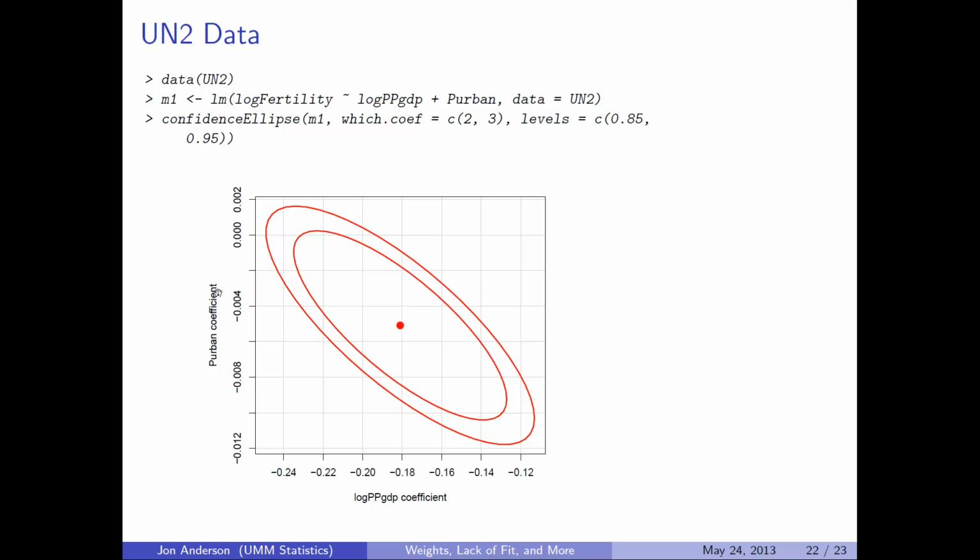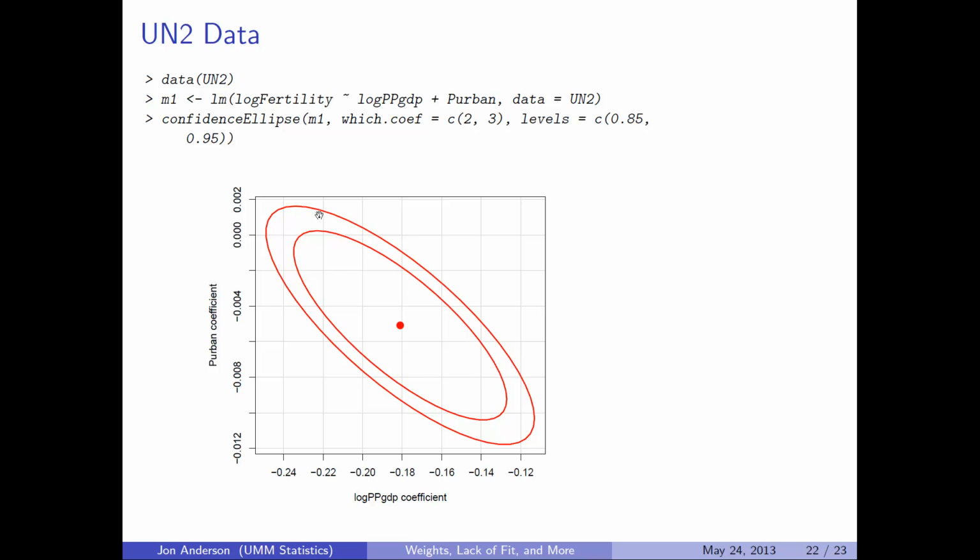Here is the percentage urban coefficient, beta 2. Here is the log of per person GDP, the beta 1 coefficient. And these regions describe simultaneous values of the beta coefficients that are reasonable for the original data generating mechanism.